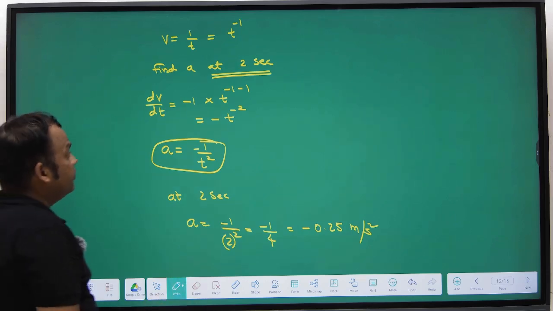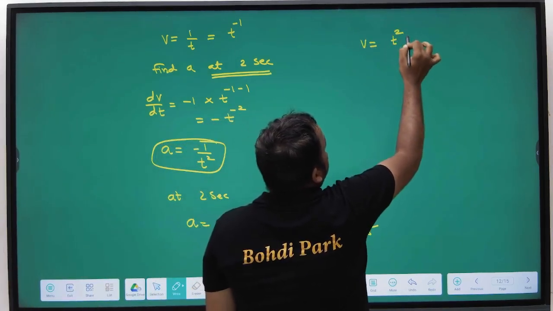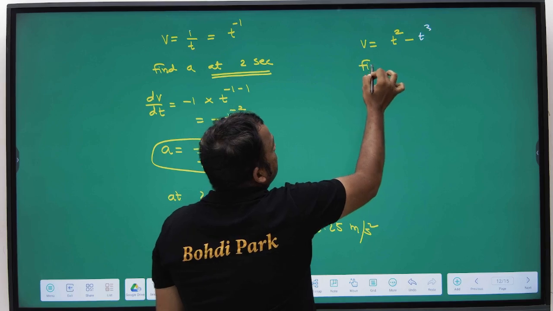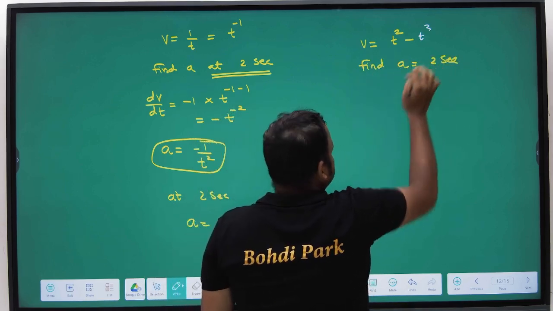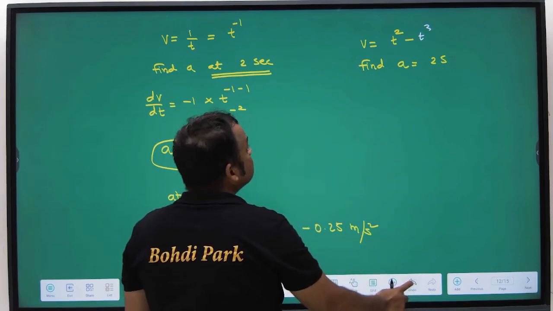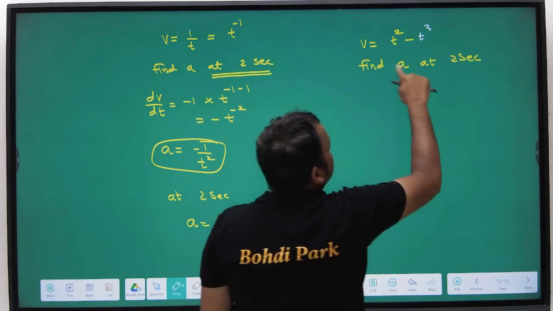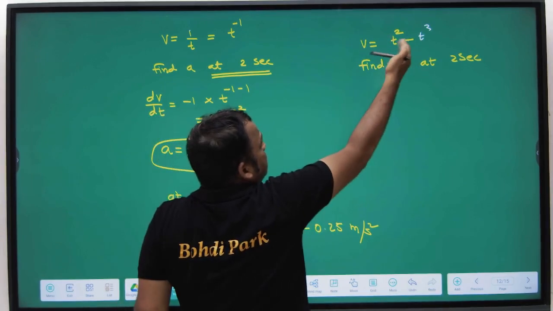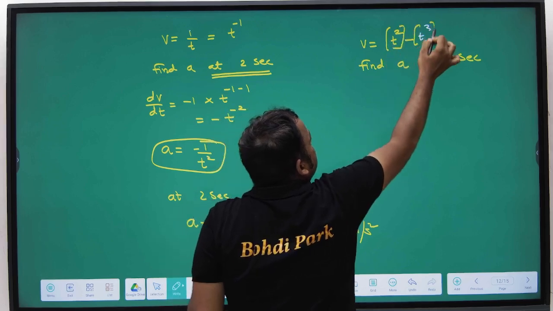We can take one more example. If v is equal to t square minus t cube, find the acceleration at 2 seconds. So we will do it separately. We'll separately differentiate t square and t cube.